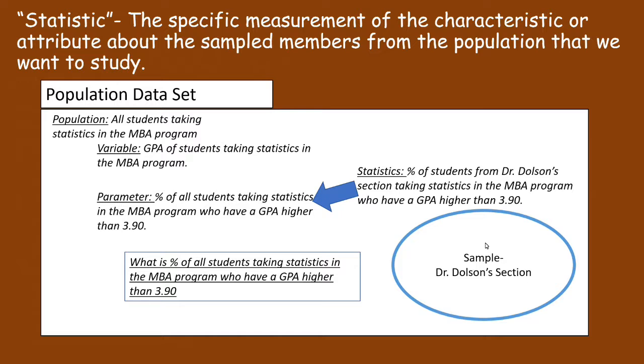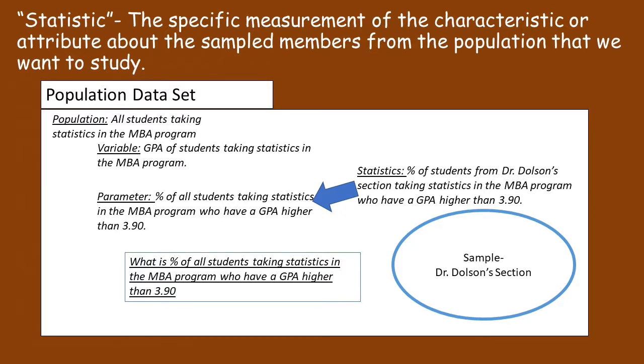Well, let's talk now about the basic language of statistics. And by the way, that little arrow that popped up there represents that sometimes in statistics we want to sample to answer a question and draw a bigger conclusion about the population.